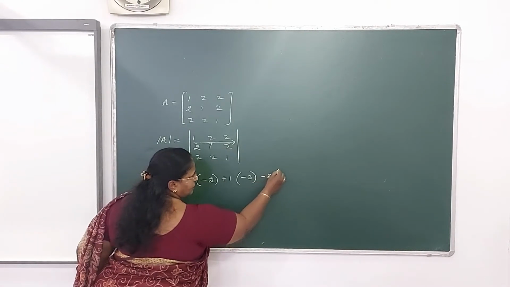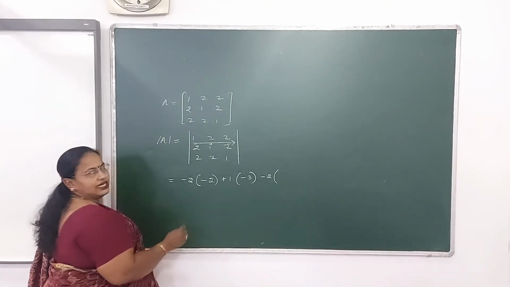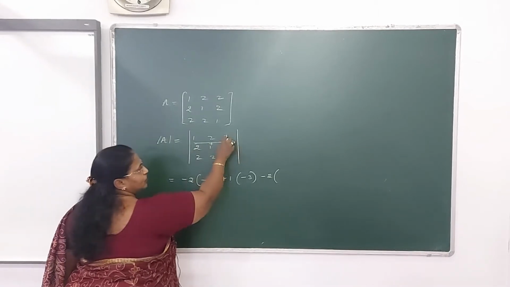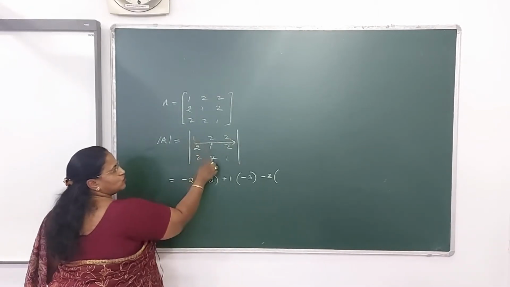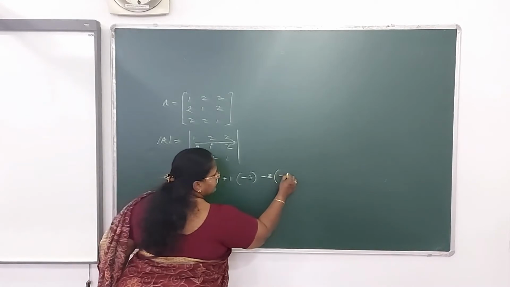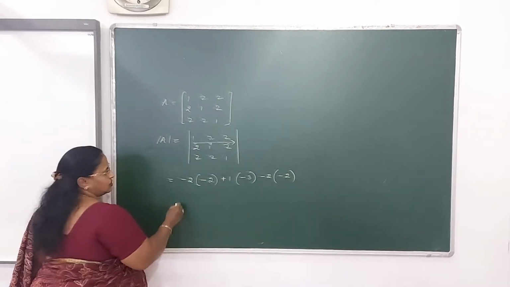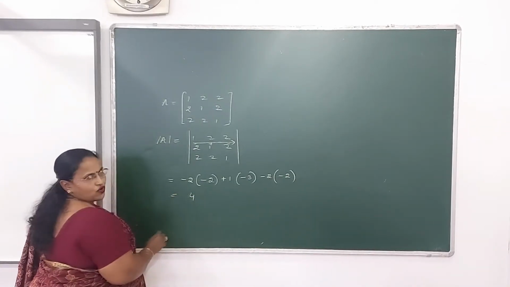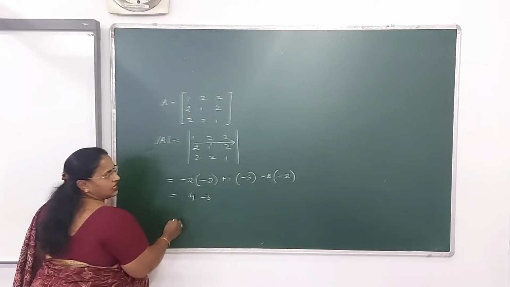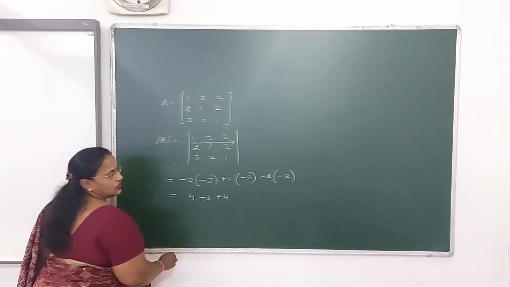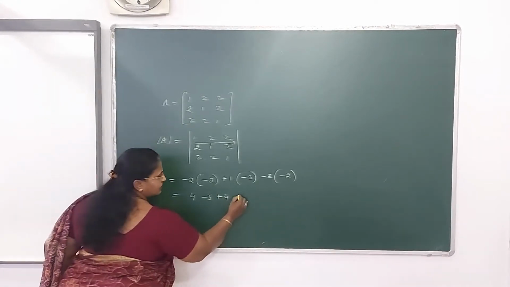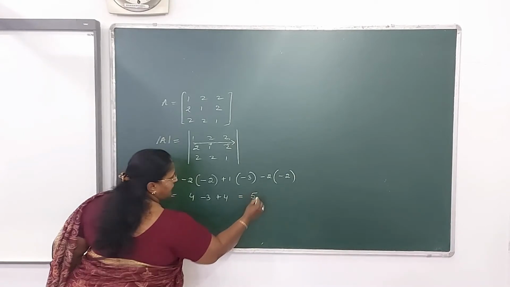Minus 2. Open a bracket. Delete the row and the column. So delete the second row and the third column. So it's 2 minus 4. It's coming minus 2. So that way, this is plus 4 minus 3 plus 4. So the result is 8 minus 3, which is 5.